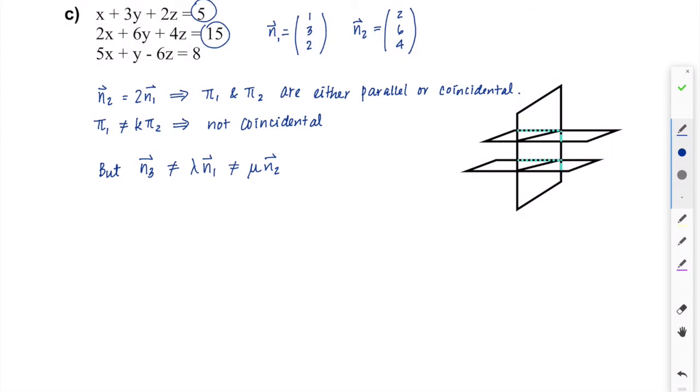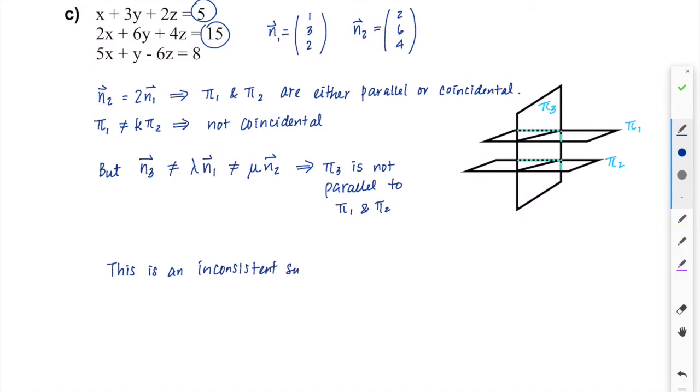So that means pi 3 is not parallel to pi 1 and pi 2. As you can see on the side here, pi 1 and pi 2 are parallel, but pi 3 is not. So we have an inconsistent system, and there is no solution.